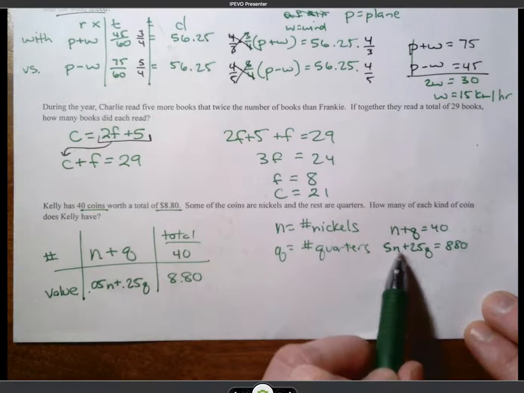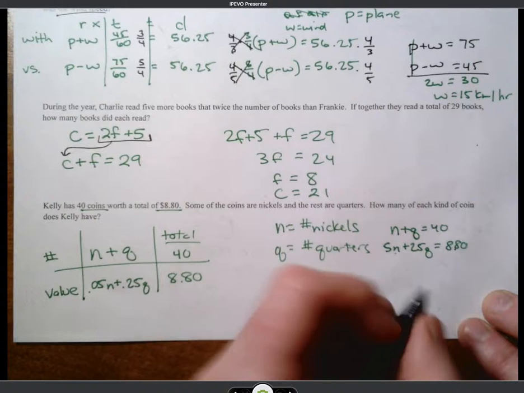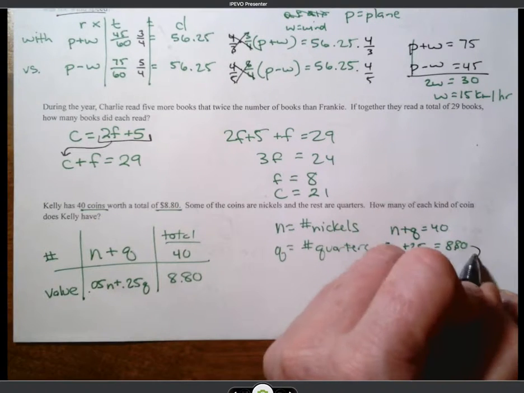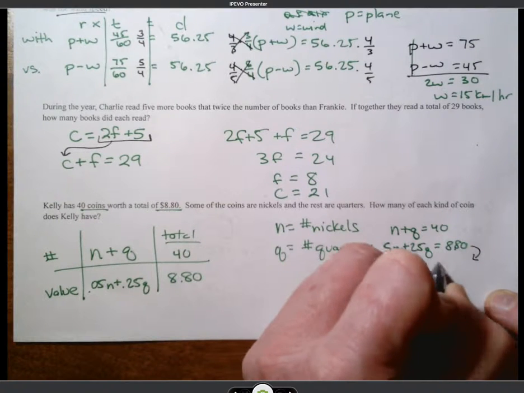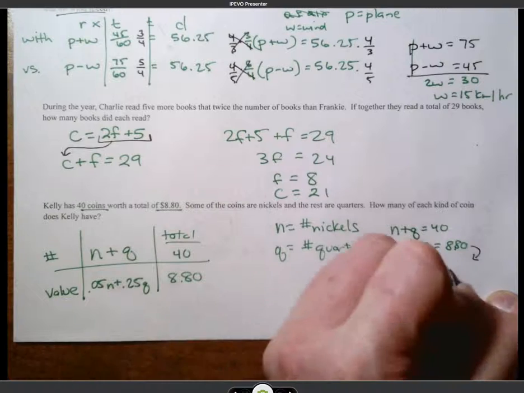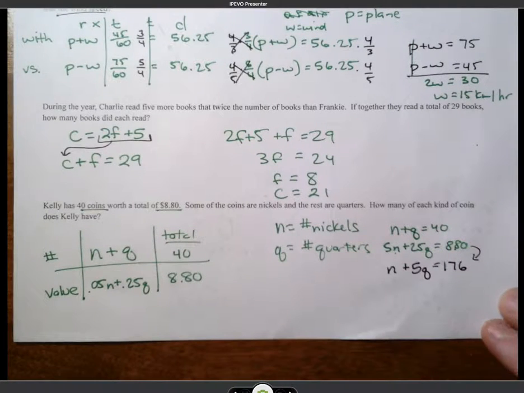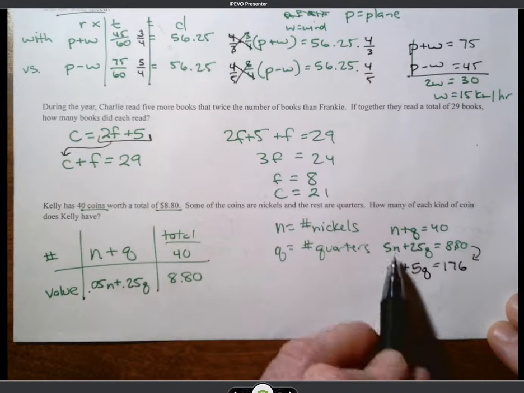I think I can make the N's match really easily if I divide each one of these by 5. So this equation becomes N plus 5Q. 880 divided by 5 is 176.